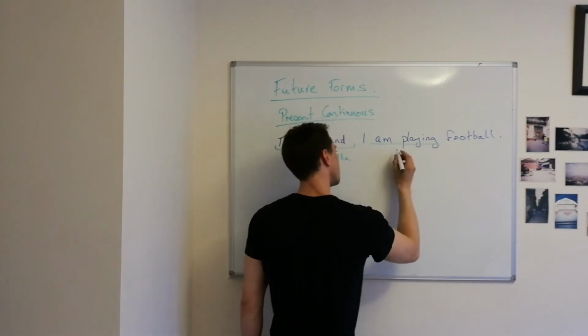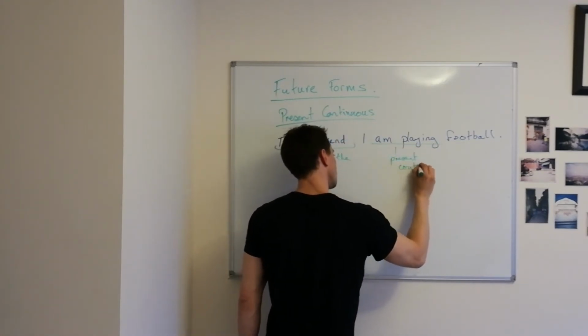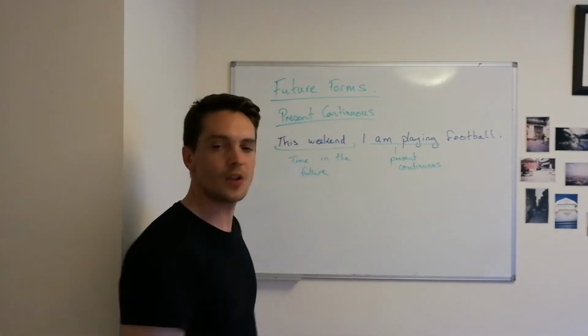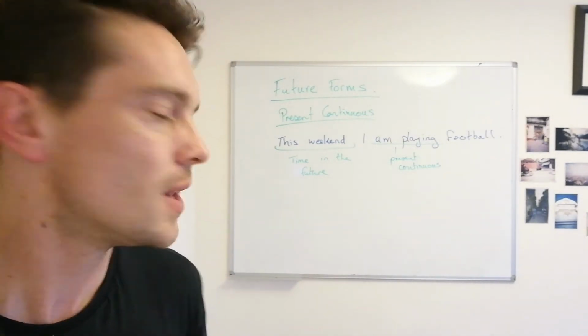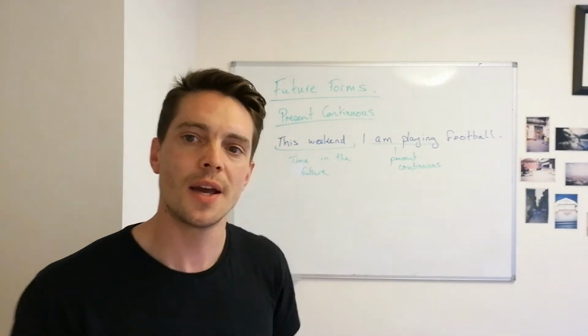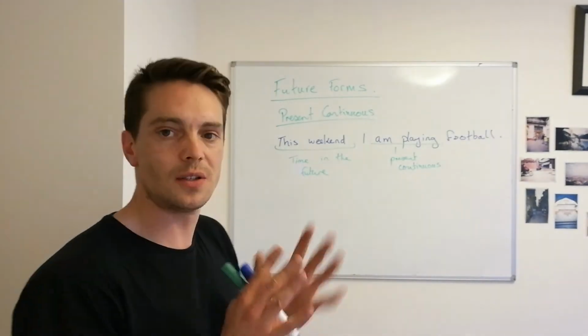I'm playing. That's the present continuous. So if I say this weekend I am playing football, it means that I have a plan to play football at the weekend. Okay? And that's all you need to do.